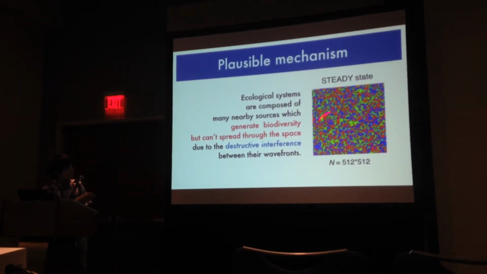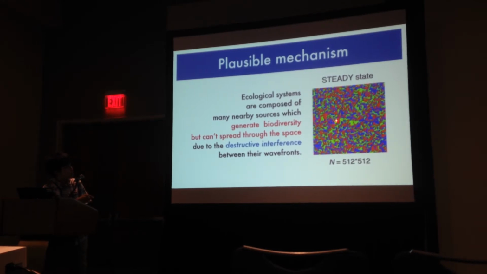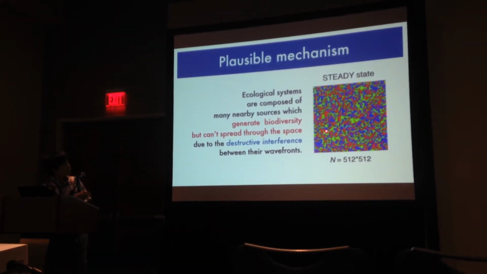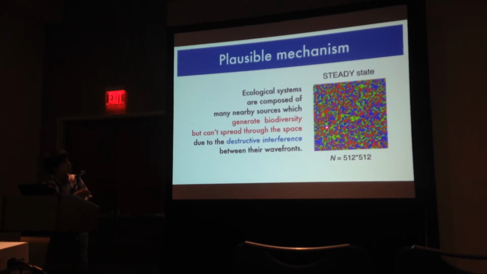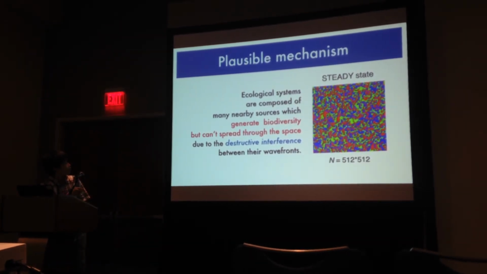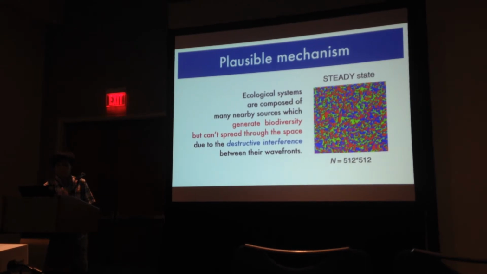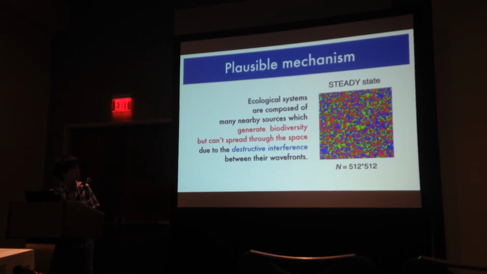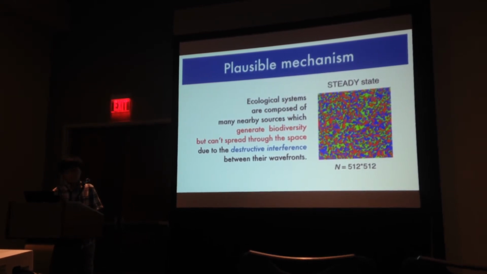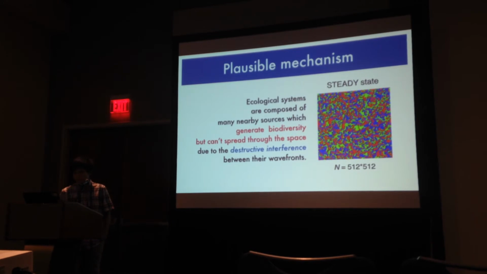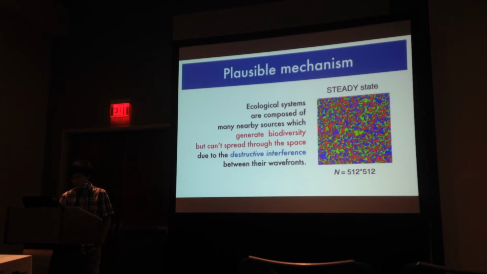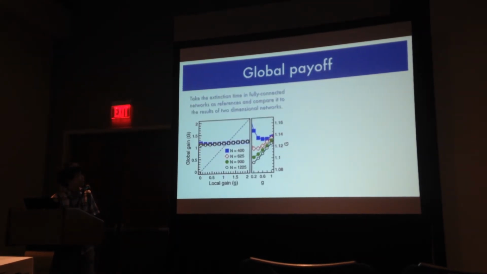This is a larger system, and you can see the broken spiral waves. The ecological system can be divided into several units, and each unit has, you can imagine, a source which can generate biodiversity, but unfortunately it cannot spread out because of destructive interference. So we will see the broken spiral wave.